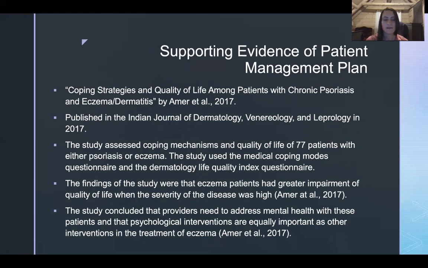This study assessed coping mechanisms and quality of life of patients with either psoriasis or eczema, using the Medical Coping Modes Questionnaire and the Dermatology Life Quality Index Questionnaire. The findings were that eczema patients had a greater impairment of quality of life when the severity of their disease was high. The study concluded that providers need to address mental health with these patients and that psychological interventions are equally important as interventions in the treatment of eczema.